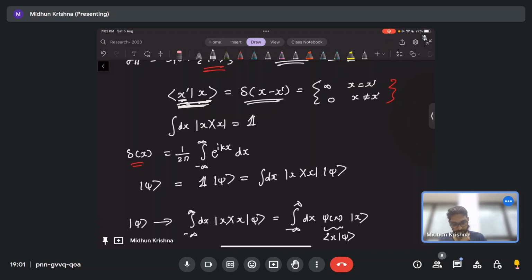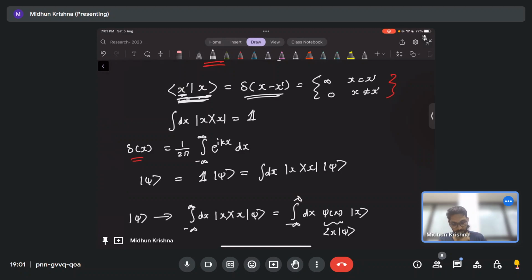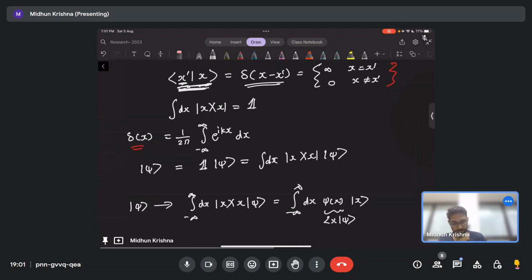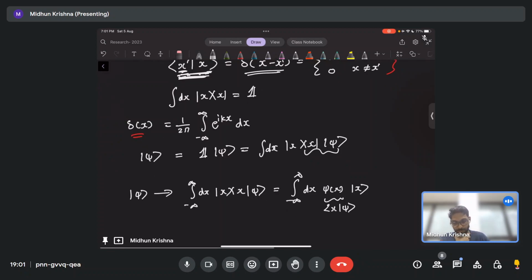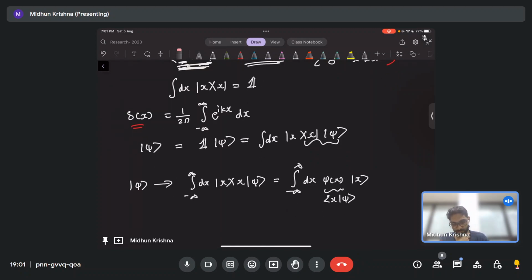Now what is this? If I define this quantity, that's what I've done below. Sorry, I'm repeating what I've already written down, so I'll just combine them.